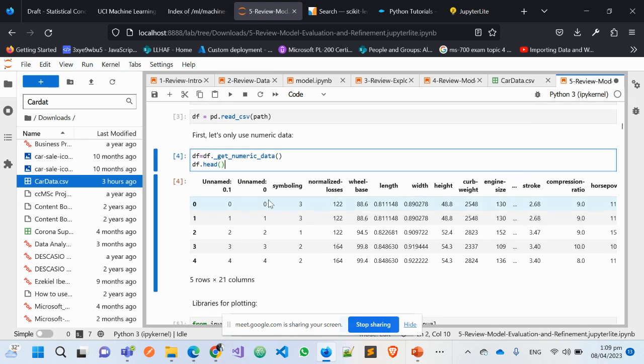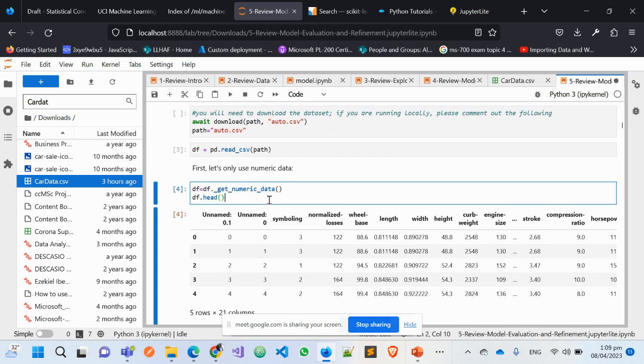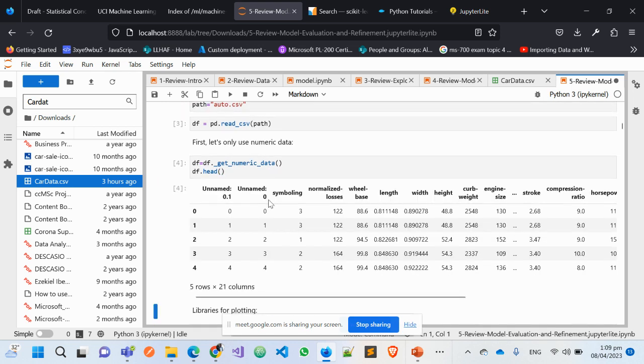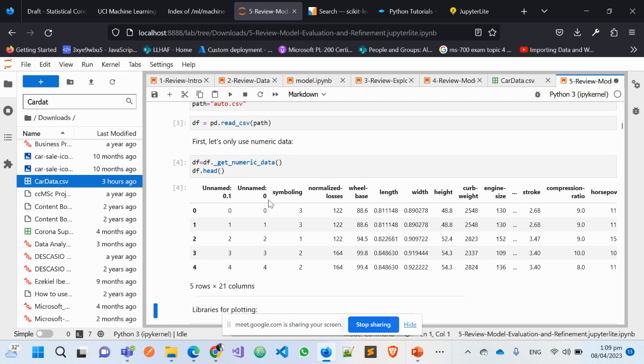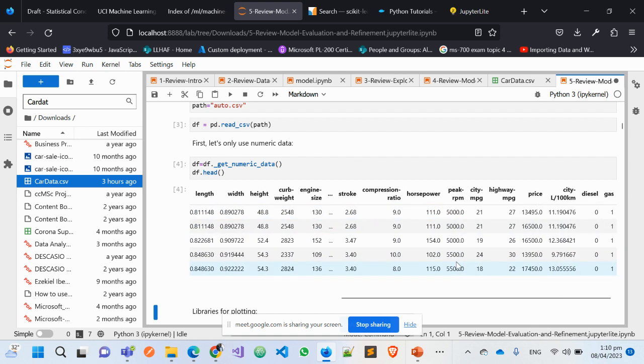We also find out the numeric data within our data sets for plotting. On this end, we see that our symboling, our normalized losses, and all of the data sets, the missing values have all been treated. Some of the category and dummy variables that were used are also in the data sets we are using.